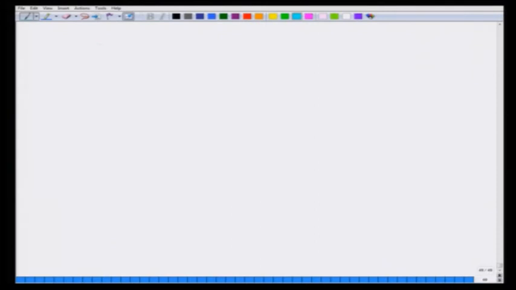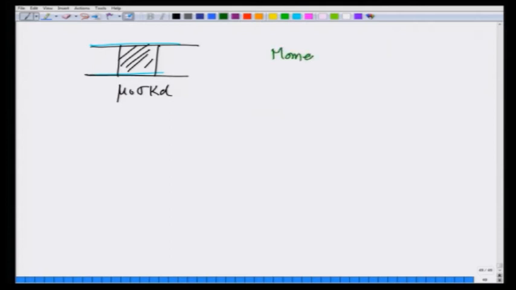So, what we have in these plates is that the momentum contained per unit area is mu 0 sigma k d, and as we switch off the k, the momentum change per unit time comes out to be mu 0 sigma k dot d, that is the momentum that the plates gain.